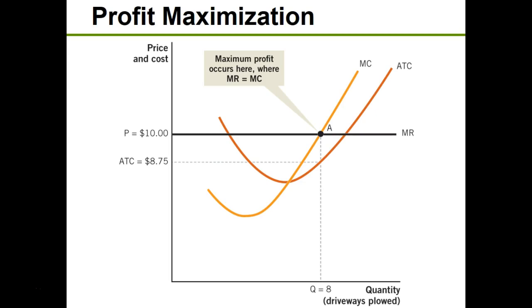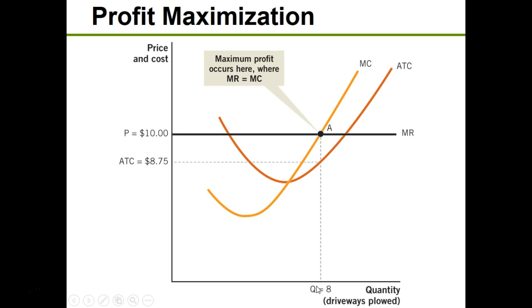Profits are equal to the marginal revenue minus the average total cost times the quantity of the product. Or we can do that the longer way, and take 10 times 8 and then subtract off 8.75 times 8. Or we can notice that 10 minus 8.75 times 8 gives us the same answer. So it gives us a little bit of a shortcut there.